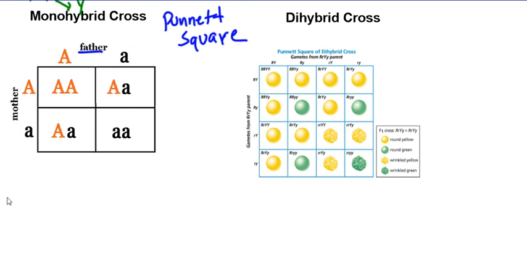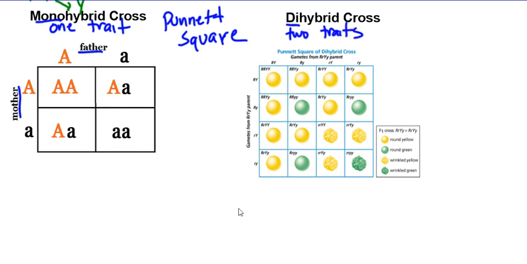We put one of the parents across the top. We put one of the parents going down vertically. Whenever you are only dealing with one trait, we call it monohybrid, mono meaning one. So we basically have 4 possibilities that could happen. So 4 squares. Whenever you are getting into 2 or more traits, your Punnett square gets bigger and bigger.